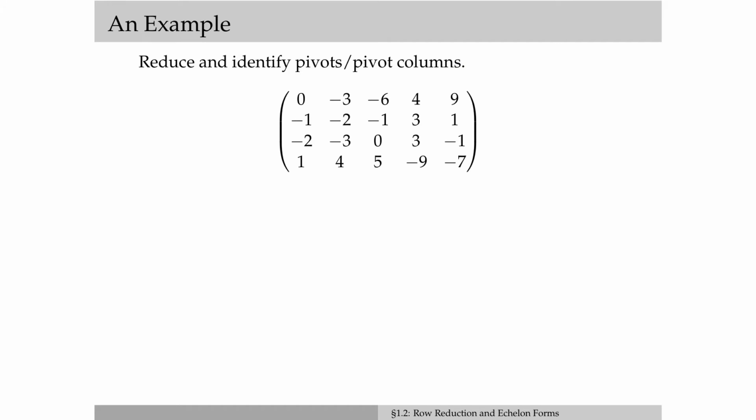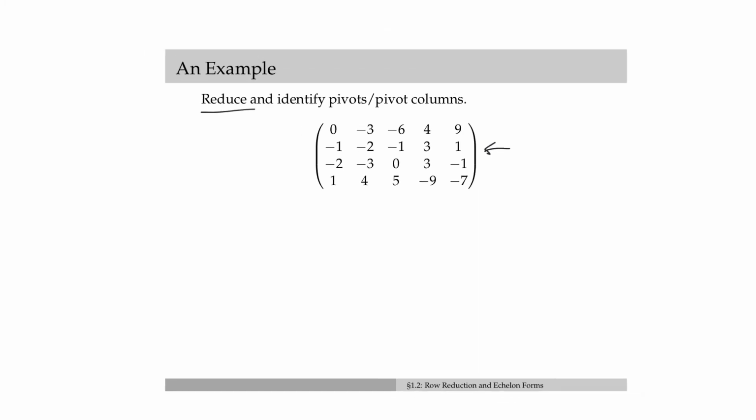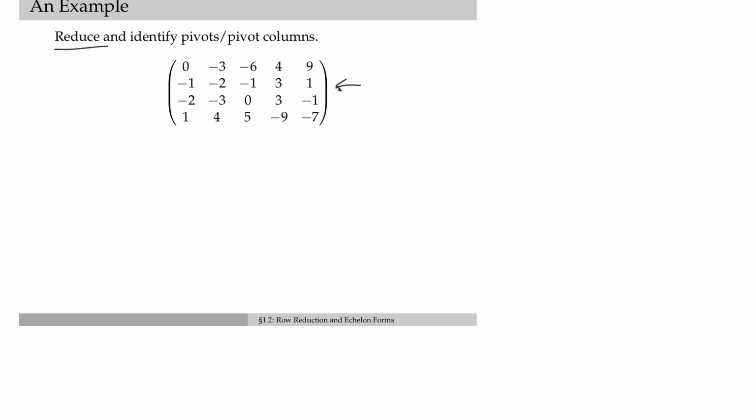Okay. I have a rather gruesome matrix here. I want to completely row reduce it, and then afterwards identify the pivots and pivot columns of the original matrix. All right, let's get started on this beast. Now, thinking back to the criteria for reduced row echelon form, the first thing is we need our pivots, our leading ones, to stair step down.